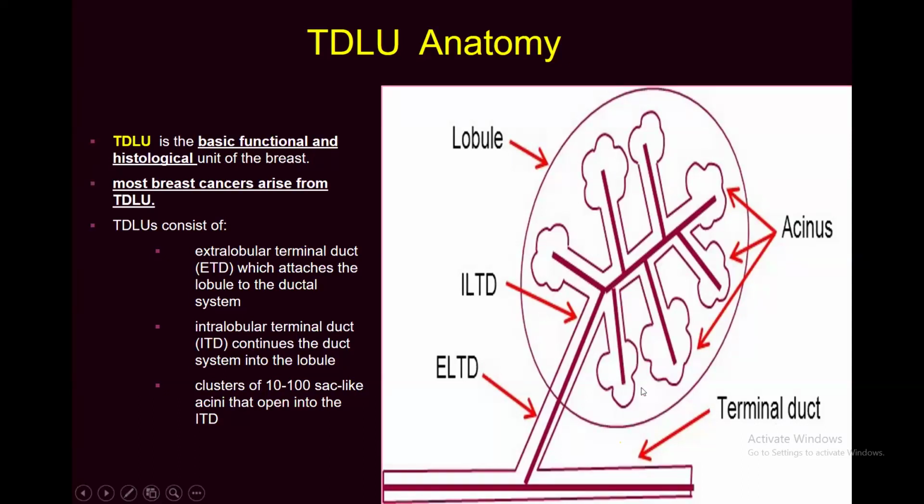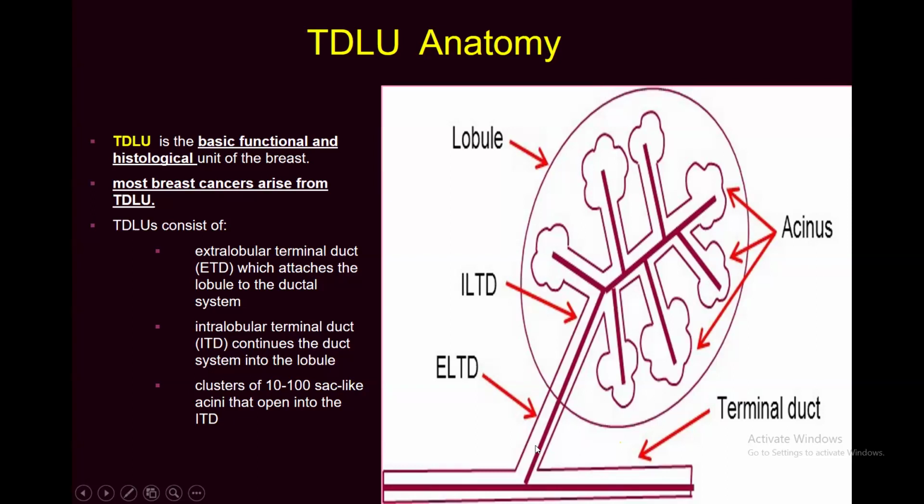So this is a lobule formed by these structures, intralobular terminal duct and acini with stroma, forming the lobule, along with the extralobular terminal duct together representing the terminal duct lobular unit.